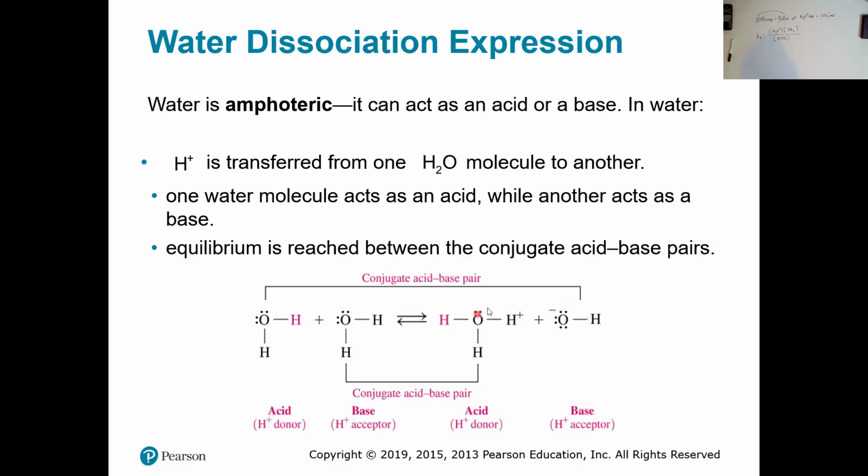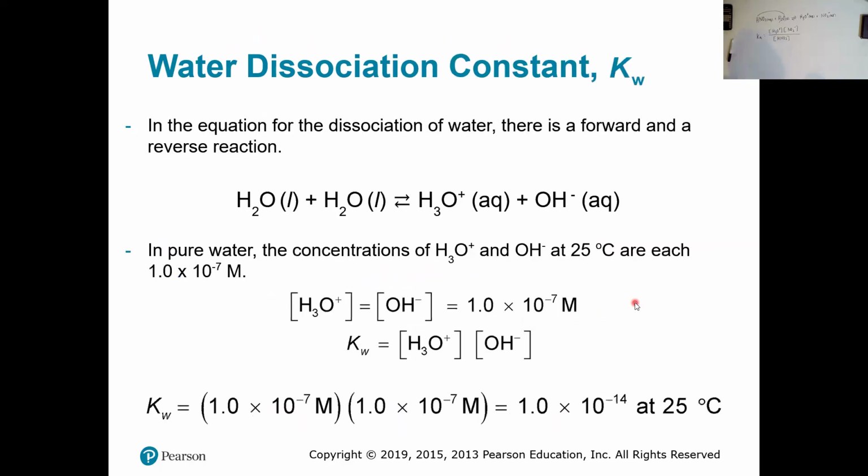And we can look at the concentrations of both of these in pure water to give us an idea of what neutral levels of hydrogen ion and hydroxide ion should be, right? We know that pure water is going to be neutral.